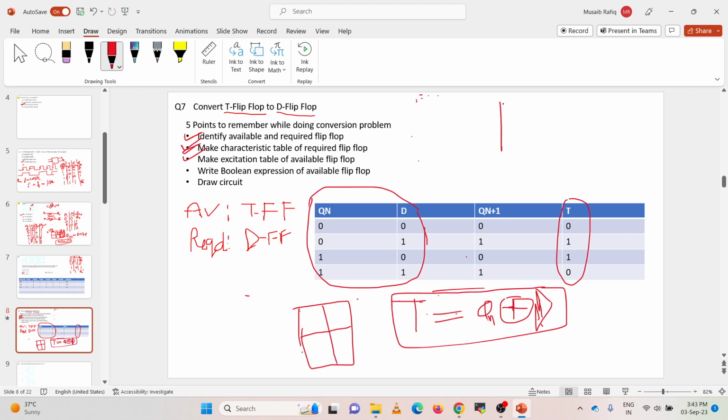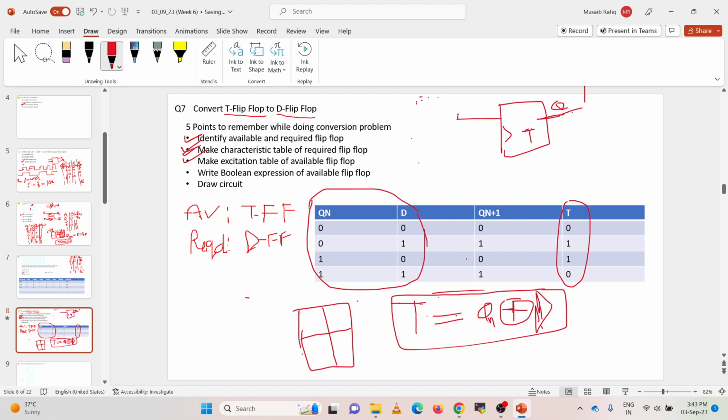So your final circuit will look something like this. So this is your T flip-flop, this is your input, this is your output Qn, this will go here, this will go here, and there is another input, that is D. Here you will have an XOR gate.